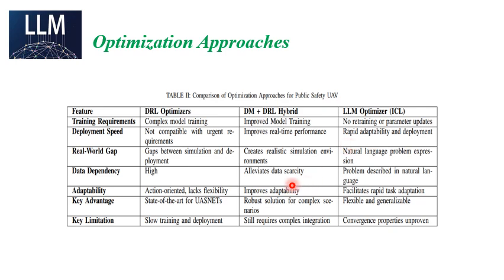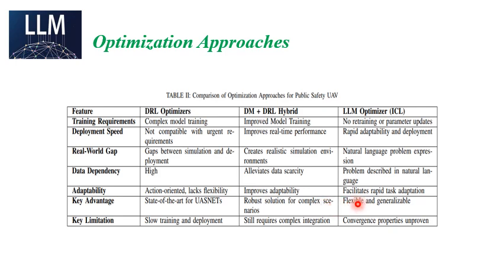From the point of view of adaptability, DRL optimizers are action oriented. They lack flexibility. When combined with a diffusion model, they improve adaptability, and ICL facilitates rapid task adaptation.